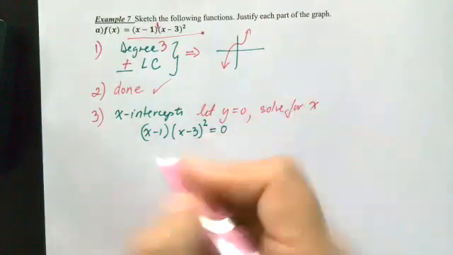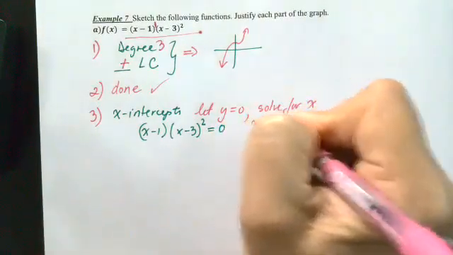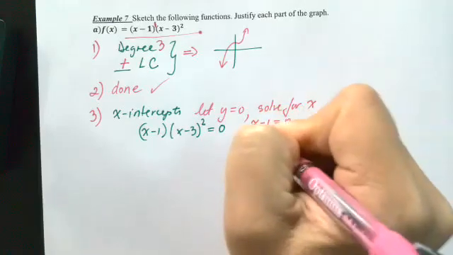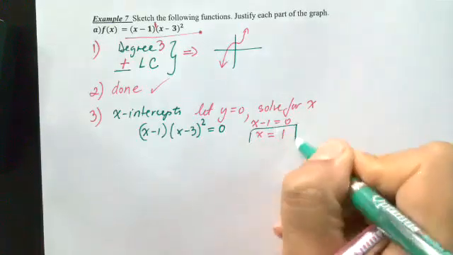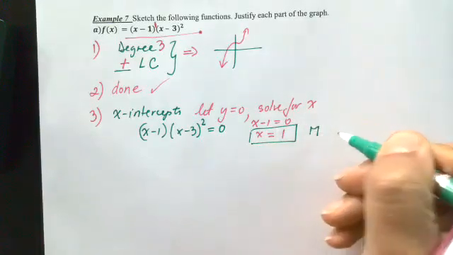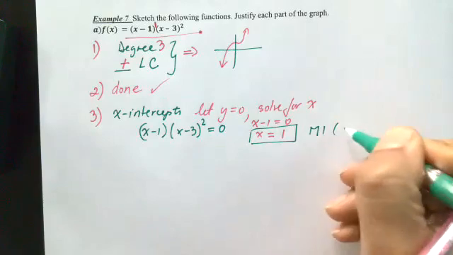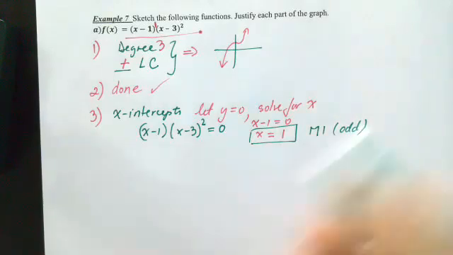Let's do that. In the first bracket, x minus 1 equals 0, so x equals 1. The multiplicity of this one is 1, and 1 is an odd number, so just write odd for now.